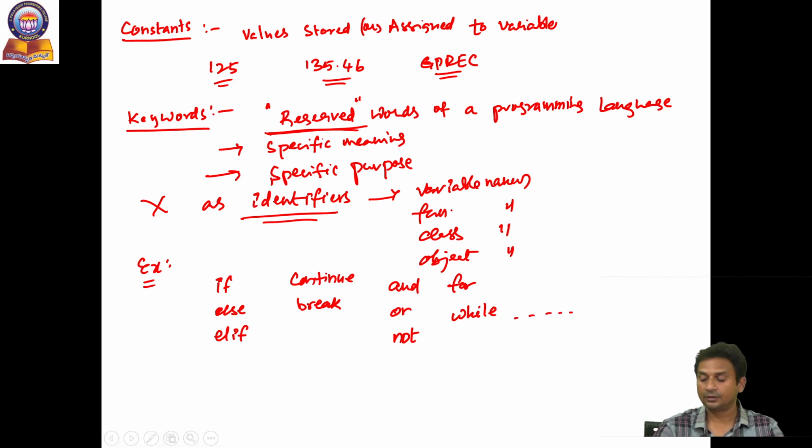These are some examples of the keywords used in Python. Of course, there is a big list of keywords available in Python, where each keyword has a specific meaning and specific purpose. When we encounter these keywords, we'll discuss more about them later.